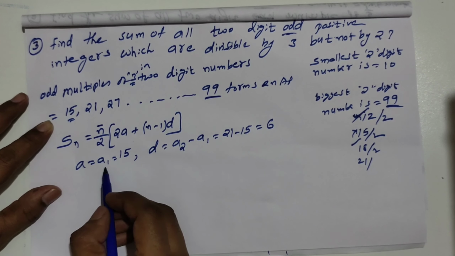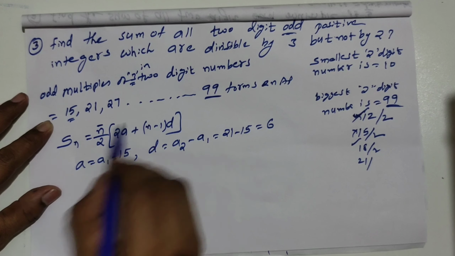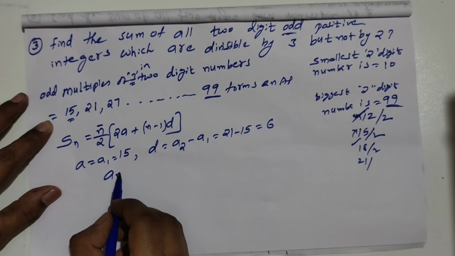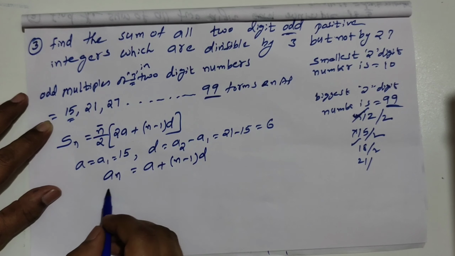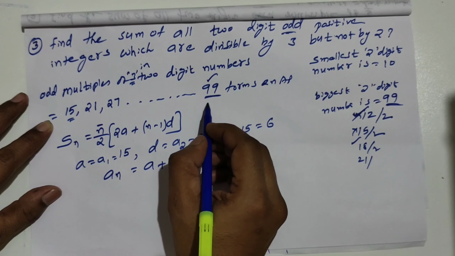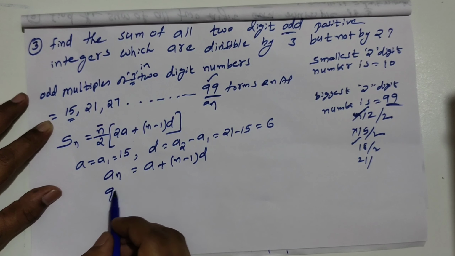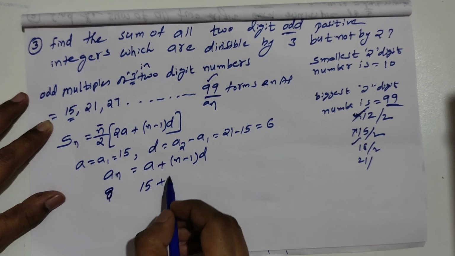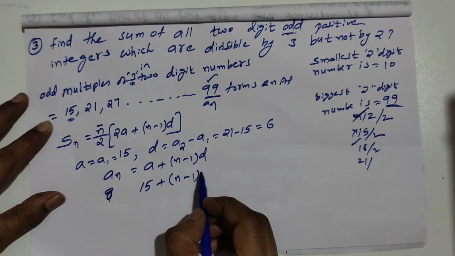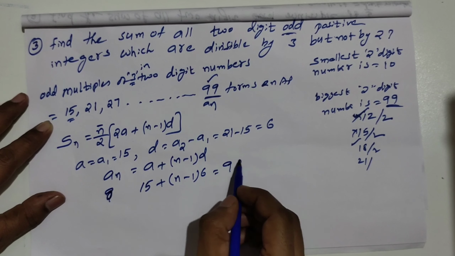Then we need to get n. Applying the formula a_n = a + (n - 1)d, write in a_n place simply 99. First write the a value, that is 15, a + (n - 1) into d value 6 is equal to 99.